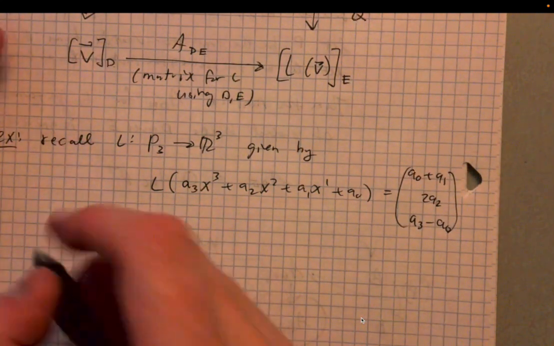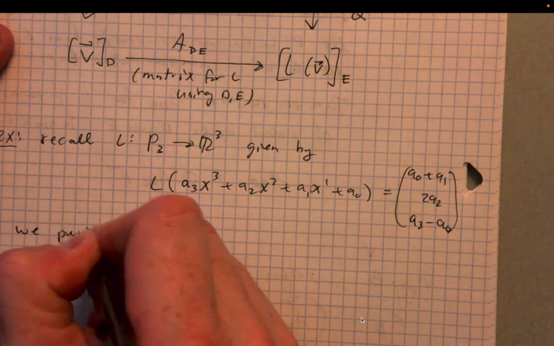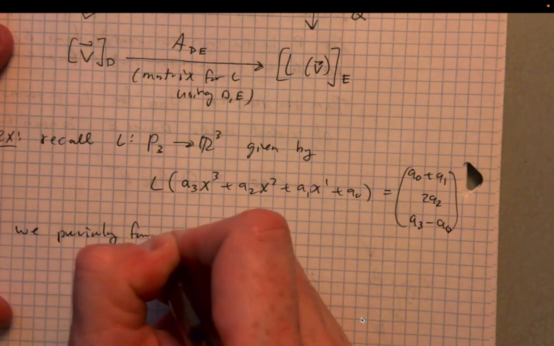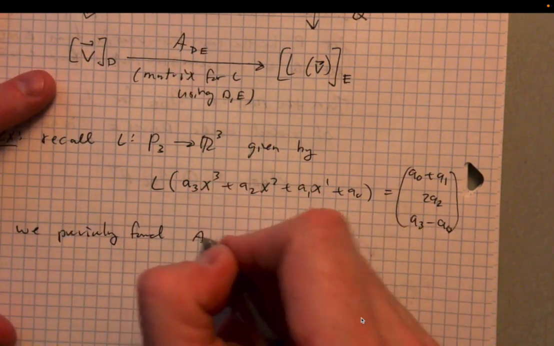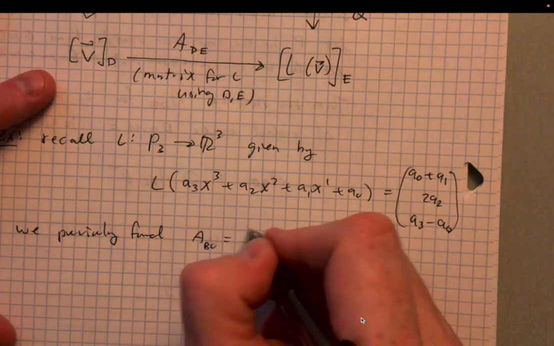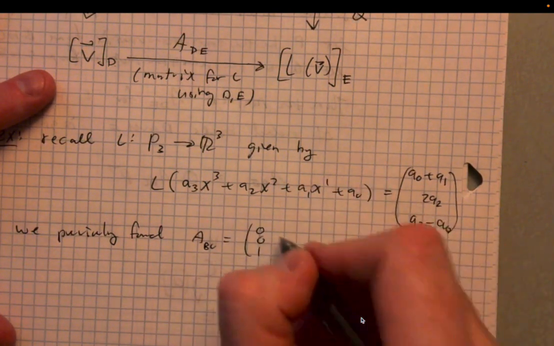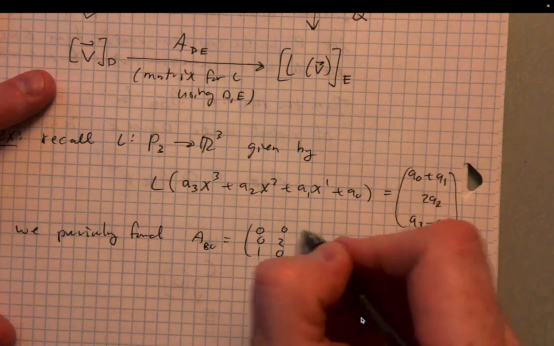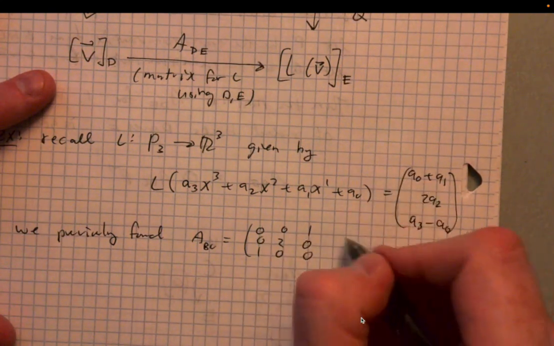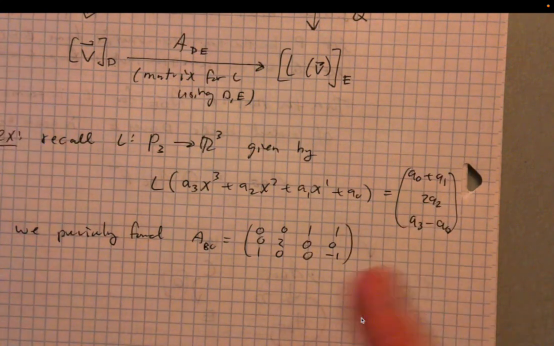Okay, we previously found that A sub B, C was equal to 0, 0, 1, 0, 2, 0, 1, 0, 0, and 1, 0, negative 1.